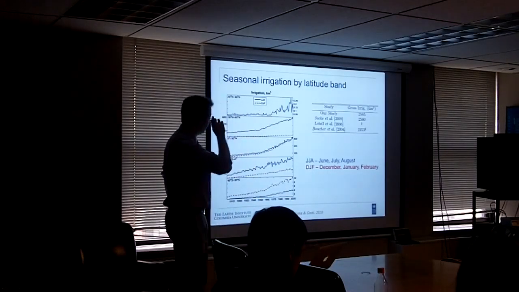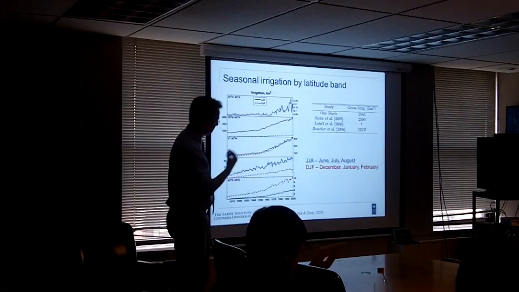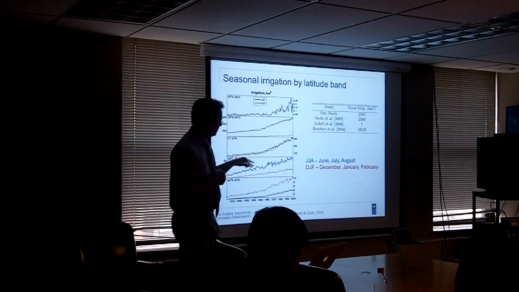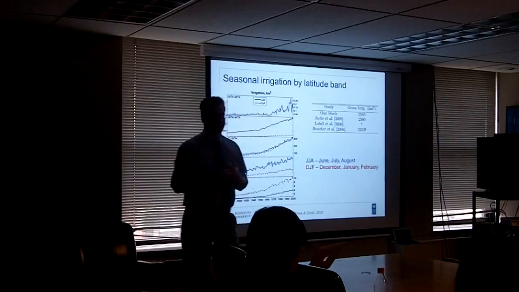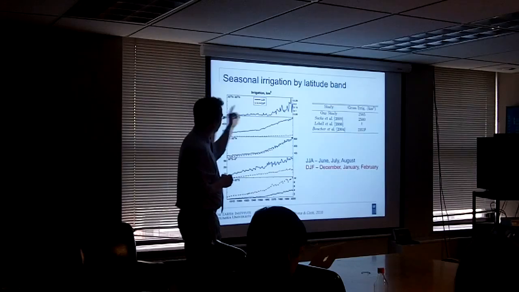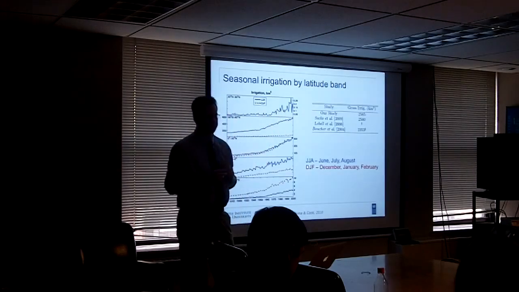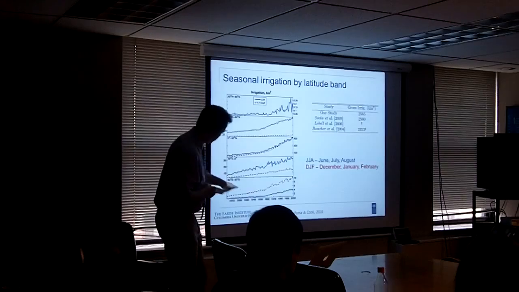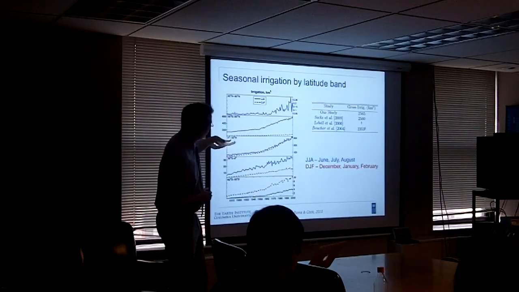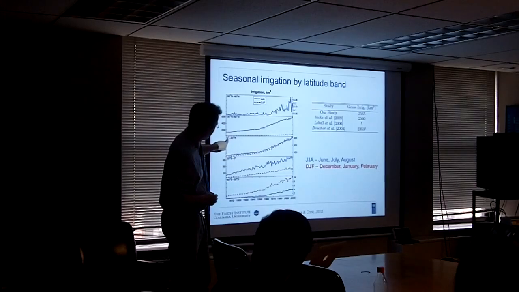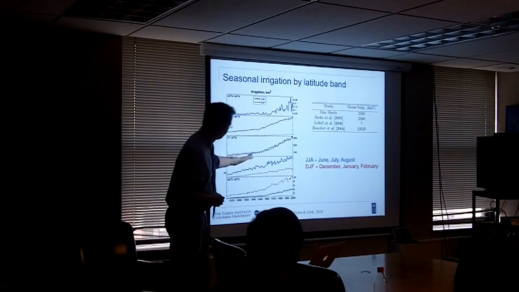Just to look at it in a different way, the time series: blue is June, July, August, red is December, January, February, for the different latitude bands. Our units are cubic kilometers. In 1950, we see dramatic increases, particularly in 0 to 30 north.